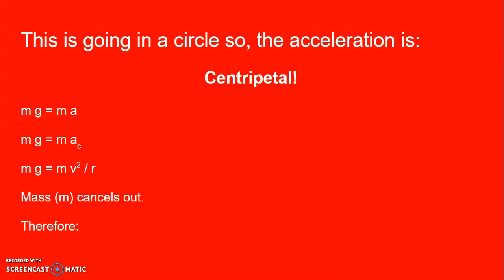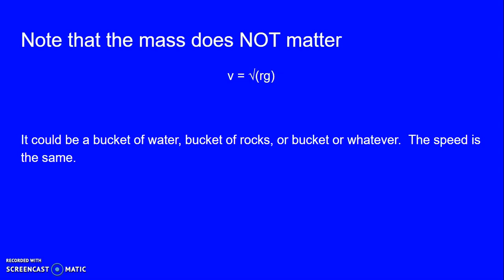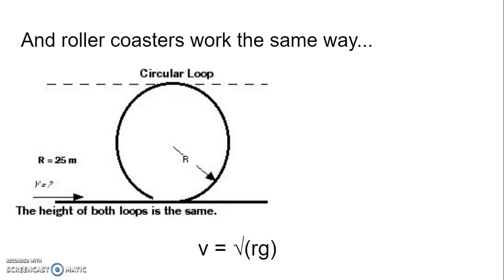Solving that for the minimum speed, g is equal to v squared over r, or the minimum speed v equals the square root of r times g, which is fantastic. And this does come up pretty commonly. For example, again, the mass does not matter. This is also the same problem if you're looking at going through a circular loop in a roller coaster.